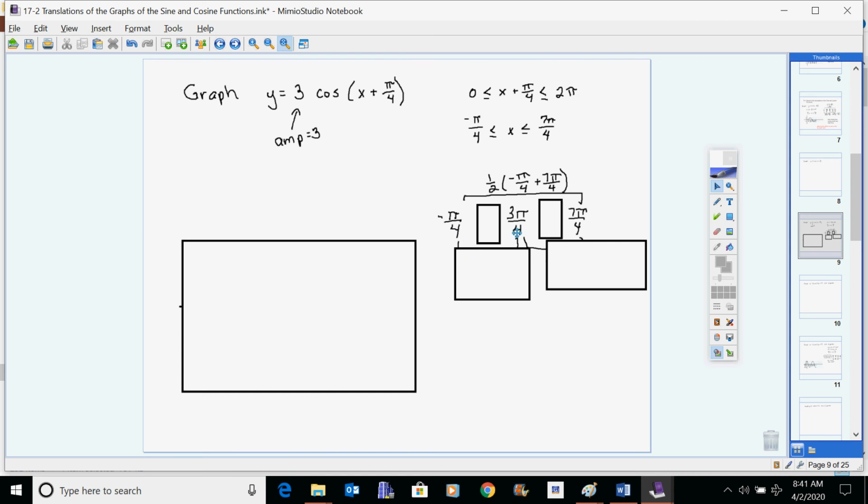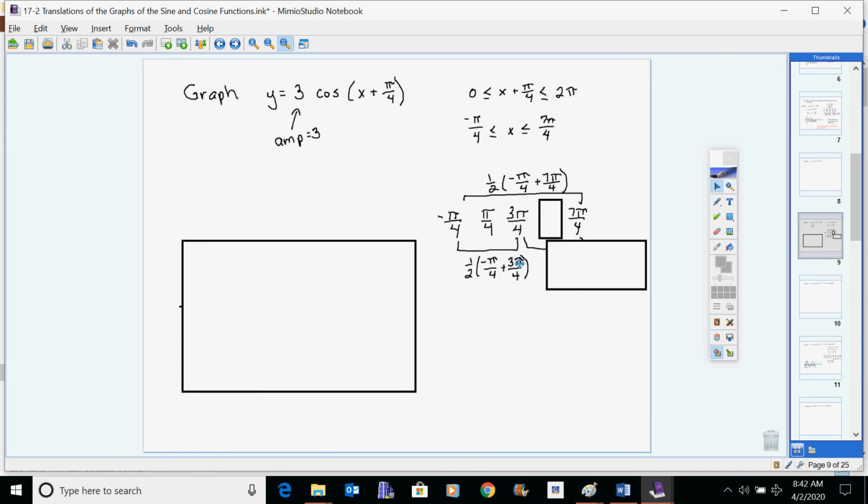This one and this one, negative pi over 4 plus 3 pi over 4 would give you 2 pi over 4. And then multiply that by a half would give you regular pi over 4.